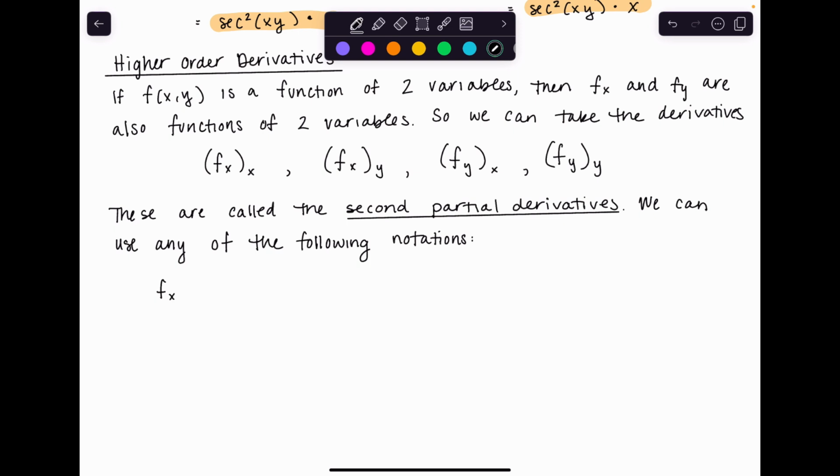So if I start with f sub x, and then I differentiate it with respect to x, so I'm differentiating with respect to x twice. The easier way to write this is you just use 2 x's. Or you can use 1, 1 because it is that first component. The other thing we're doing is we were working with the partial with respect to x. I'm now taking the partial of that with respect to x again.